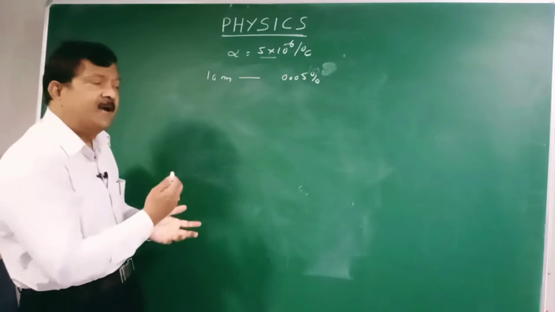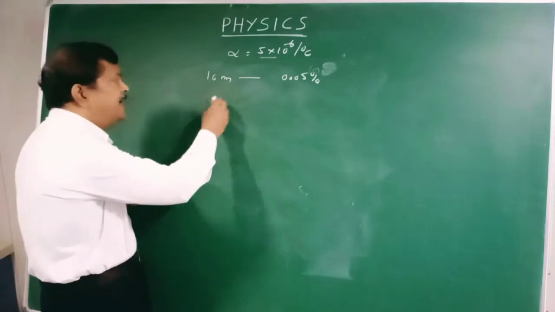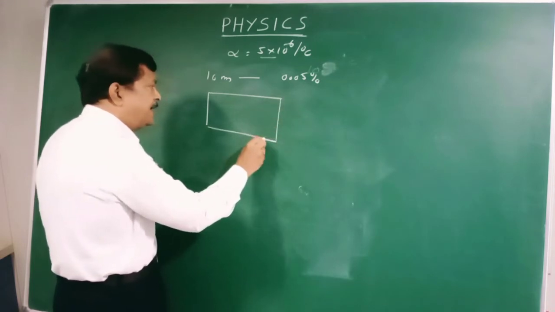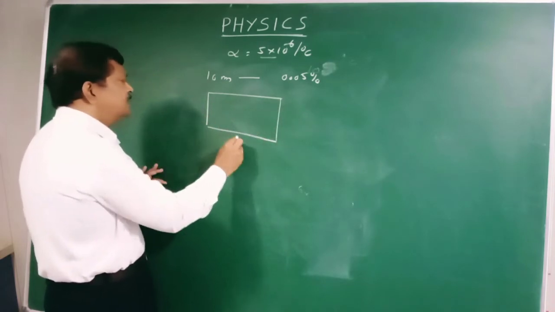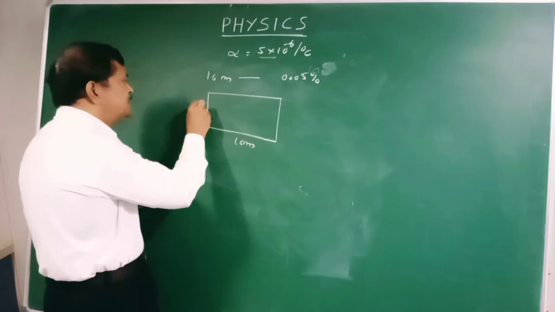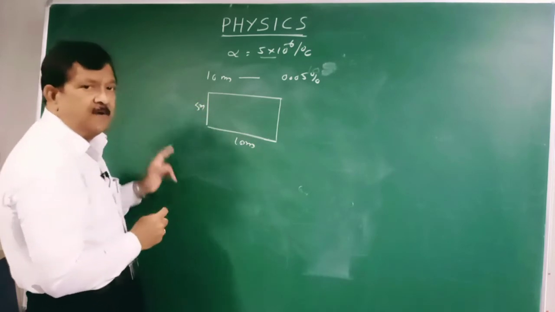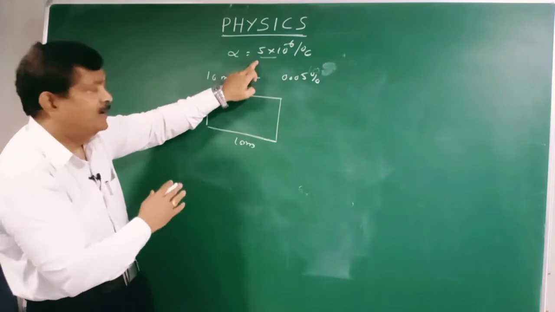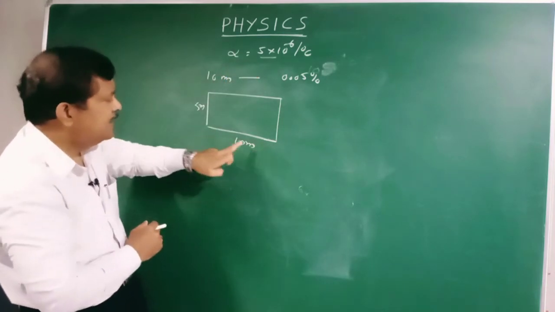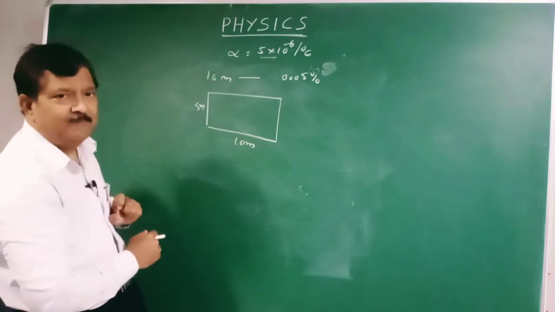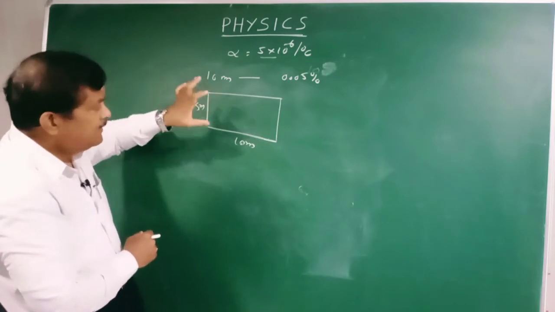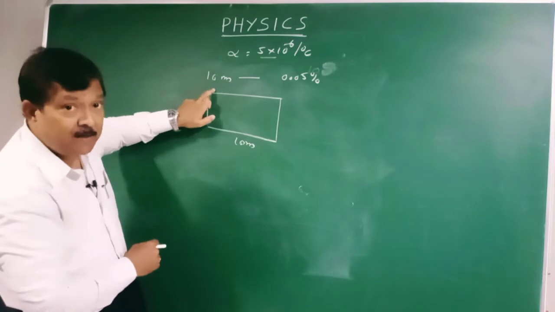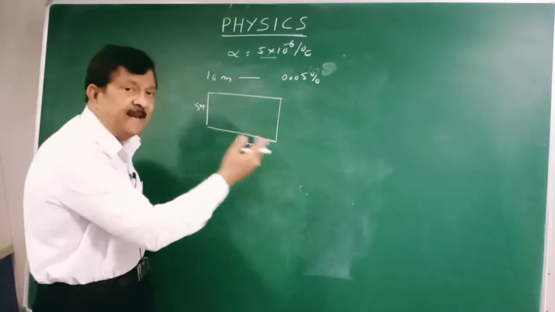Then by this I have taken a metallic plate. I have taken a metallic plate of dimension 10 meter and 5 meter, of the same metal having the same value of alpha. Now for this metallic plate, which is made up of the same material as the rod, what is the percentage change in area?